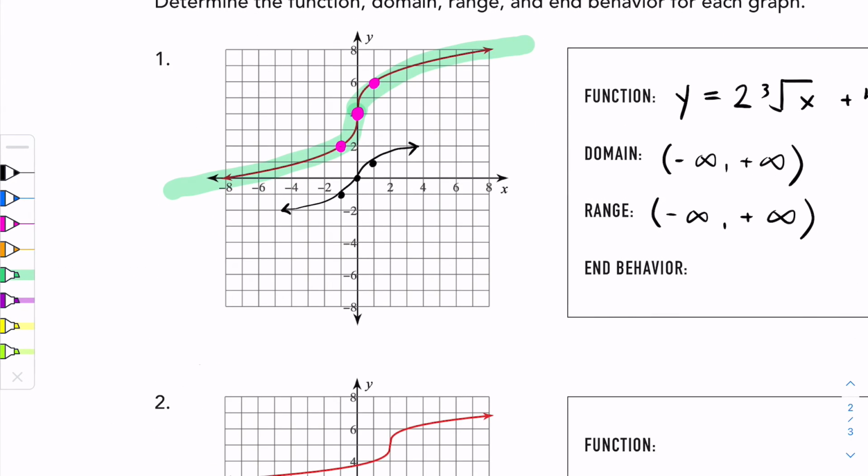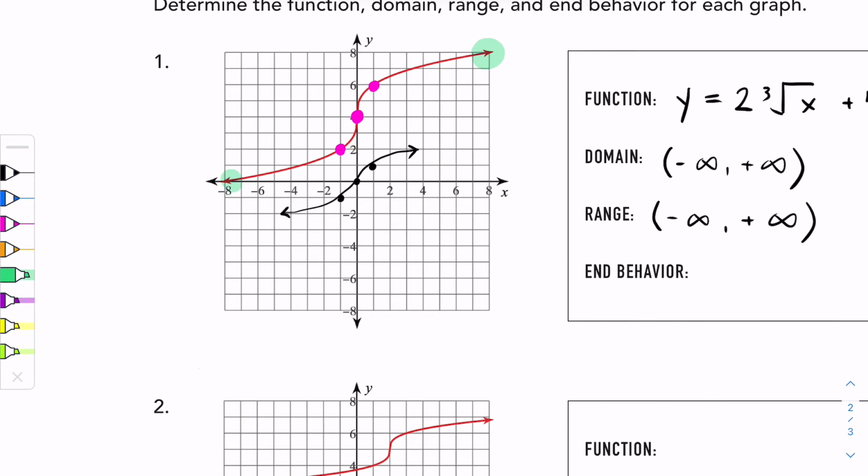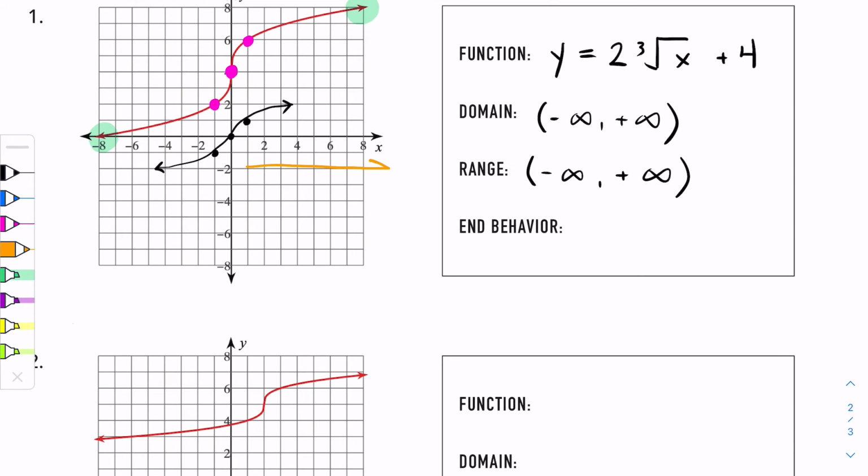Besides from the domain and range, this graph has 2 ends. So the end behavior, as x approaches positive infinity, we can see that this end is facing up. So f of x is heading towards positive infinity.